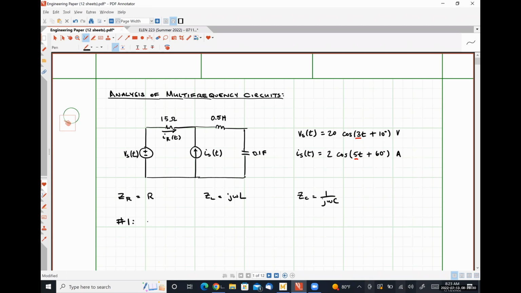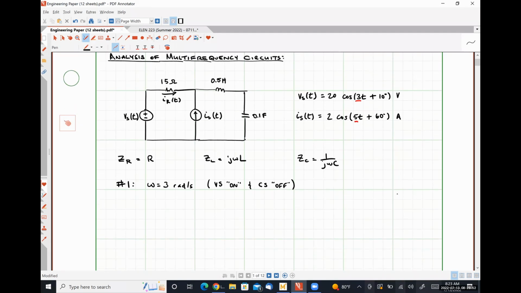Analysis number 1, omega is equal to 3 radians per second. This is the same as effectively voltage source on and current source off.